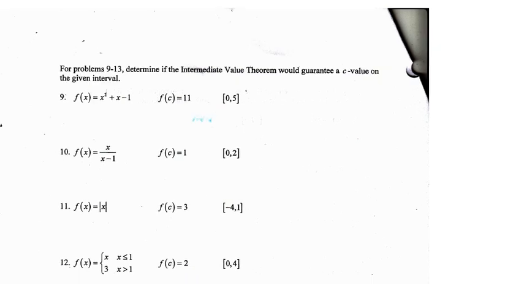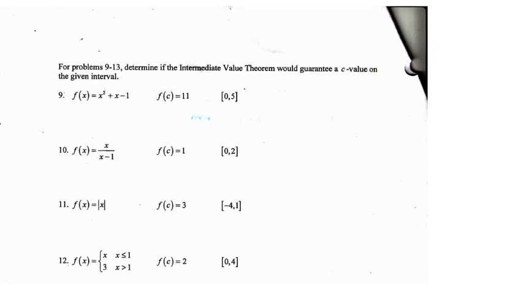So here's the function, here's the interval. Does it guarantee a c value that's equal to 11? Test it out. Take 2 minutes. Try this question out. Number 9, try this one right now.